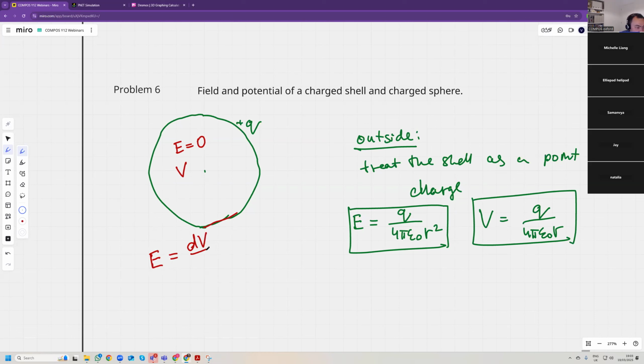And at the surface, we already know it's Q over 4 pi epsilon naught r. So we can sketch the graph.